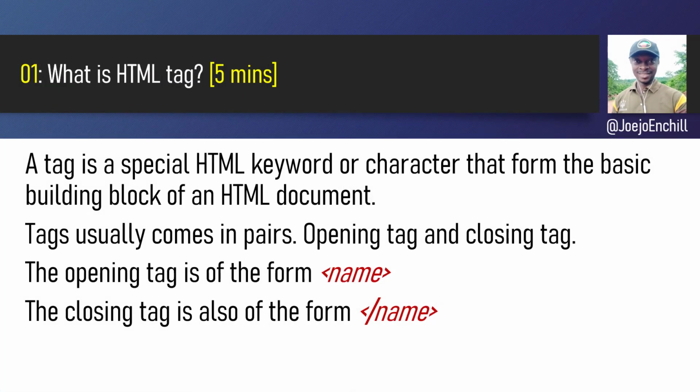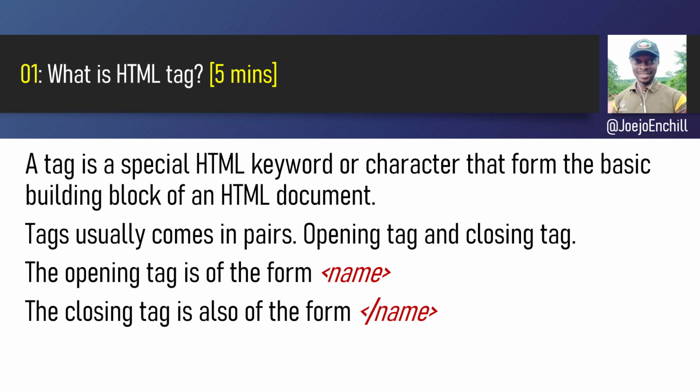Okay, so we began our lesson by looking at what is an HTML tag, and we said a tag is a special HTML keyword or character that forms the basic building block of an HTML document. Tags usually come in pairs: opening tag and closing tag.